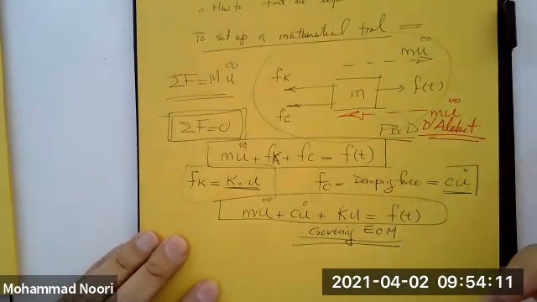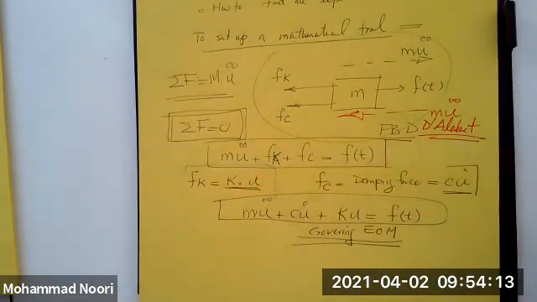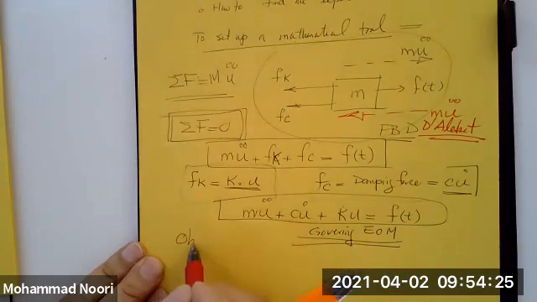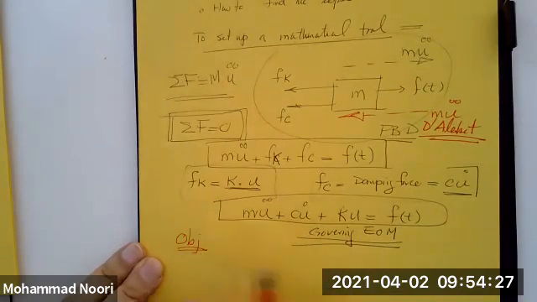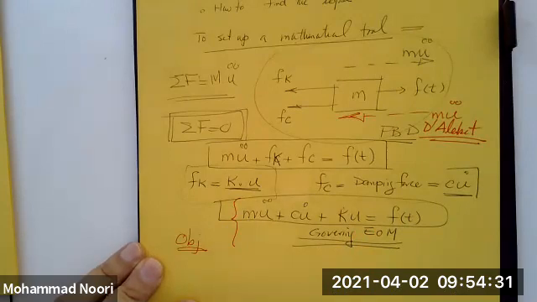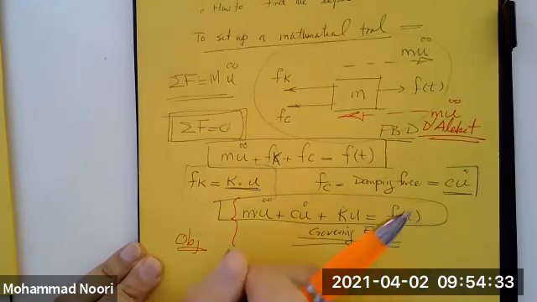Okay? The d'Alembert force is something you put in the opposite direction of motion to make the dynamic problem a static problem. So the objective of mechanical vibration is nothing but solving this equation of motion.